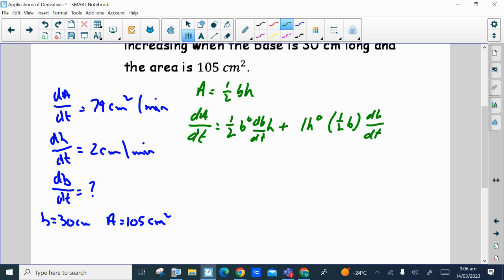So we can take the b to the 0 and the h to 0, and I just wrote them in there because technically that is what's happening. So it's going to be h over 2 dB by dt plus b over 2 dH by dt.